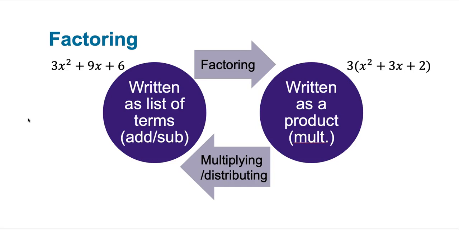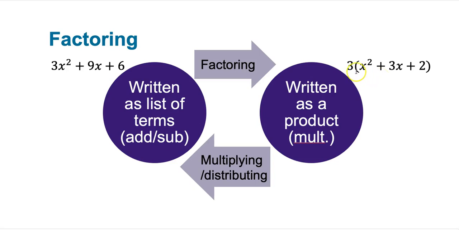So for example, on the left side, written as a list of terms added or subtracted, I have this polynomial. Now, if I want to factor that polynomial, I can rewrite it like I have on the right-hand side. On the right-hand side, it's not written as a list of terms added or subtracted.